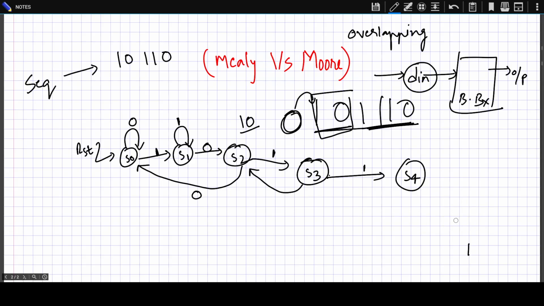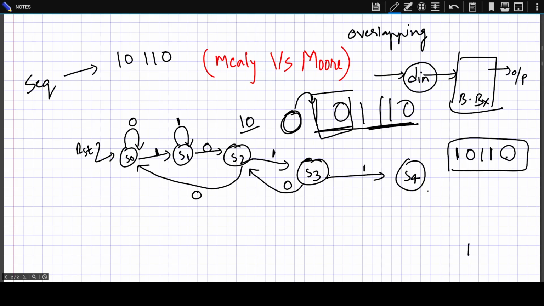Now for the state s3, you have both the possibilities: if you get a 1, go to s4, and if you get a 0, go to s2. The state s4 represents the matched pattern 1 0 1 1. If you get a 0 here, then you will complete the pattern matching, and you would make the output go high.